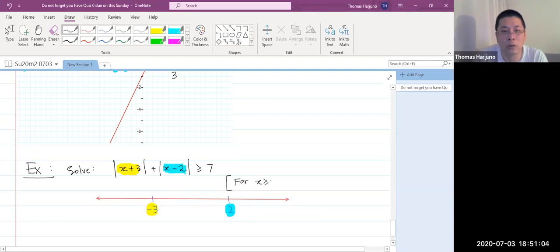The second case is when x is greater than or equal to -3 but less than 2. And then the case for x less than -3.